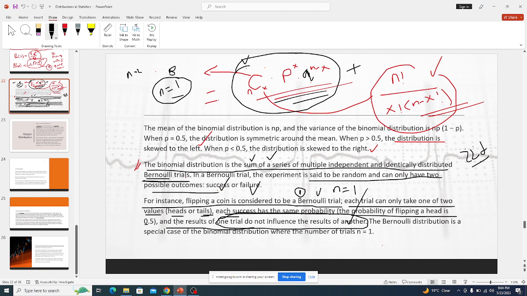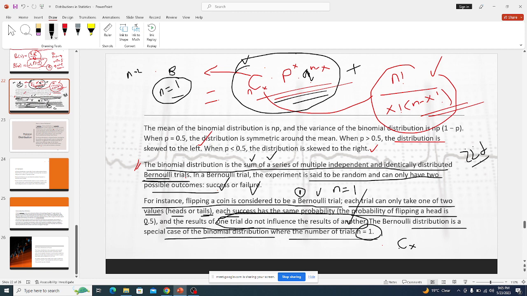Then for binary distribution, we are saying that it is a special case of binomial distribution where the number of trials, that is n, is equal to 1. So when n is equal to 1, then we have binary distribution. And then the formula for binary distribution will be like C x.